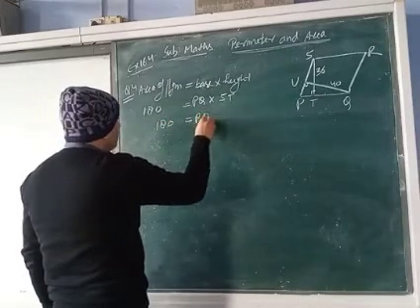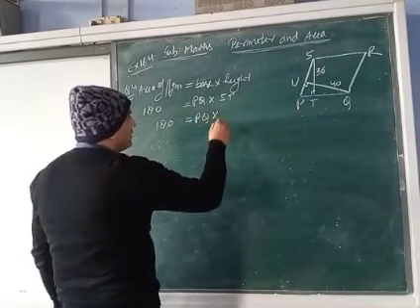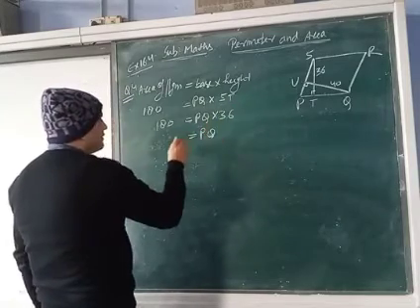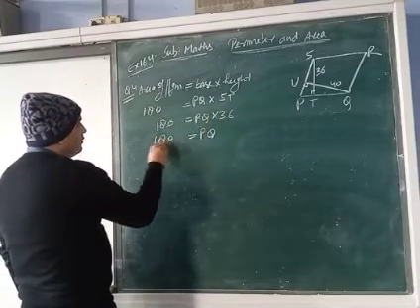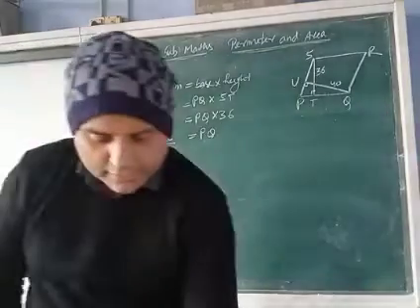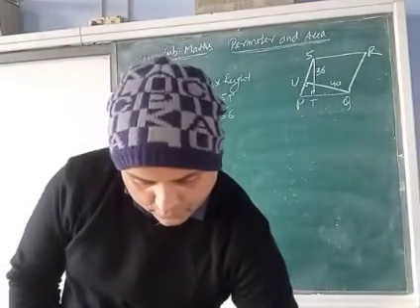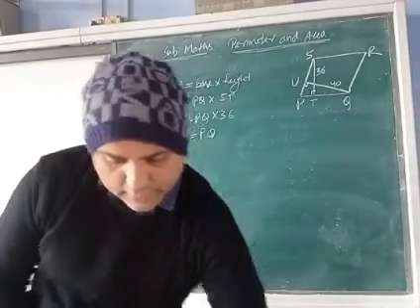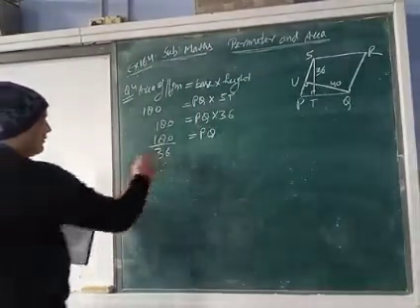Once again, write down the same thing. PQ, we don't know what PQ is. Multiply by ST, and what is ST? That is 36 centimeters. So now divide 180 by 36.